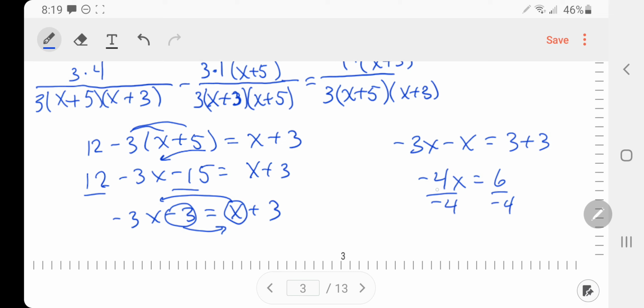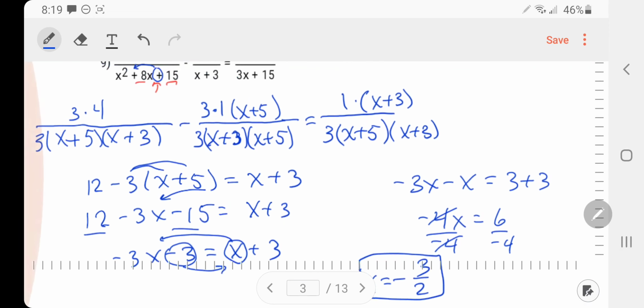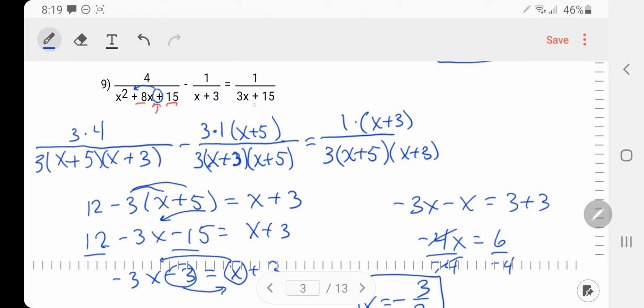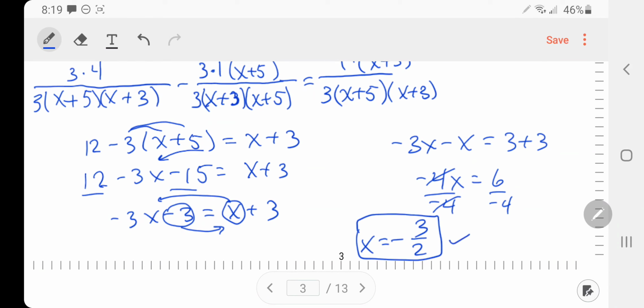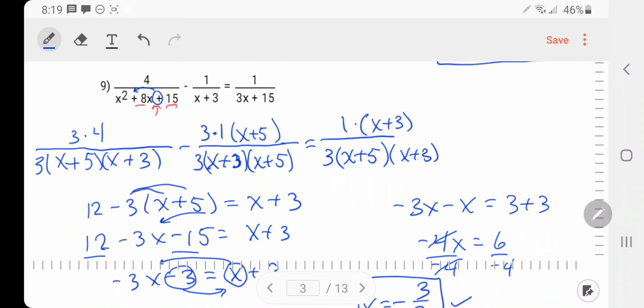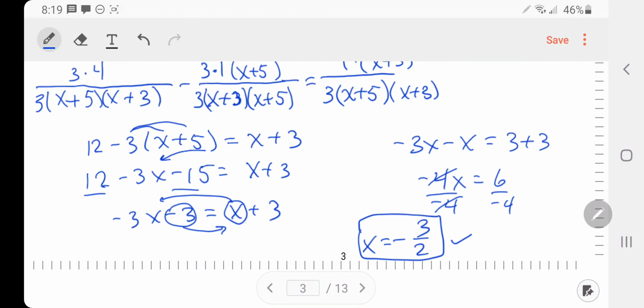Divide by negative 4, and we do want to write that as a reduced fraction. Reduced to lowest terms, that is negative 3 halves. That answer does not make any of the original denominators 0, so that is a valid solution. You probably do need to check your answer on that one.